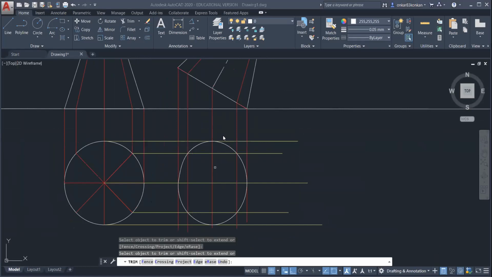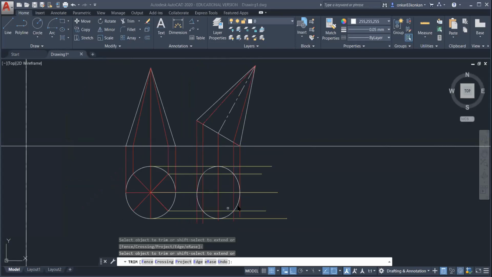In this way you can draw that curve. This is not a circle in the top view, it is an ellipse. Now some part of this ellipse will be hidden, so we have to show that part using a dash line.